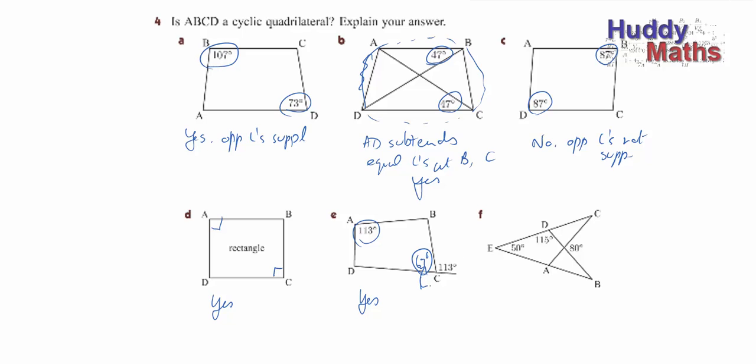But this is sum of angles on a straight line, and then this would be supplementary. So you can see there, the exterior angle of a cyclic quadrilateral will equal the interior opposite, won't it? Because of these two theorems, both involving 180 degrees. Sum of angles on a straight line, and then opposite angles, they are supplementary.